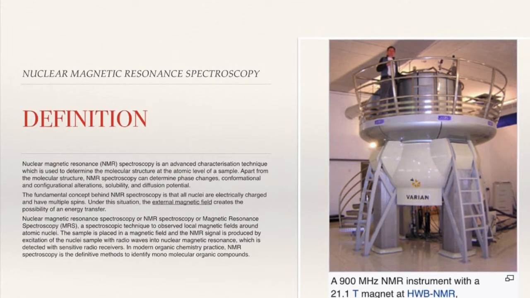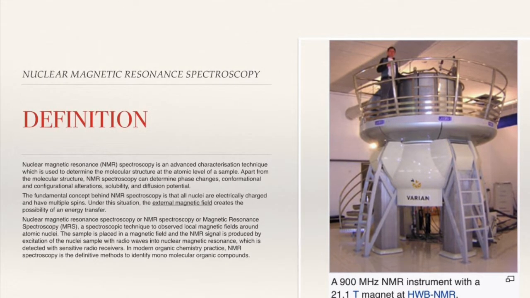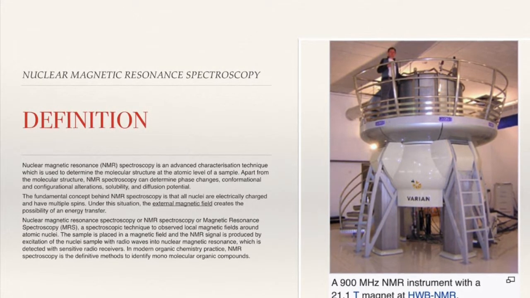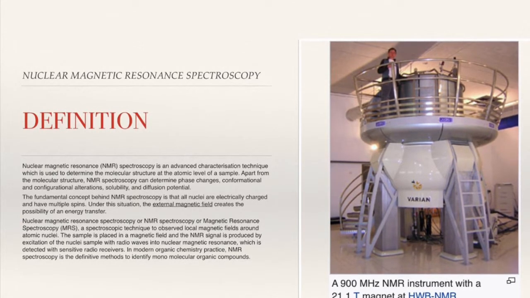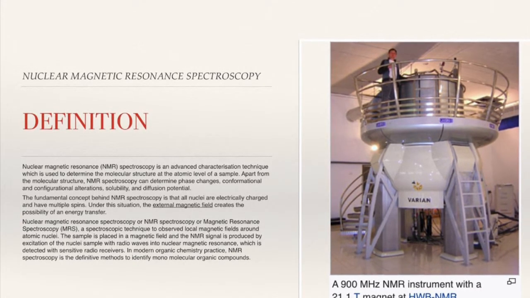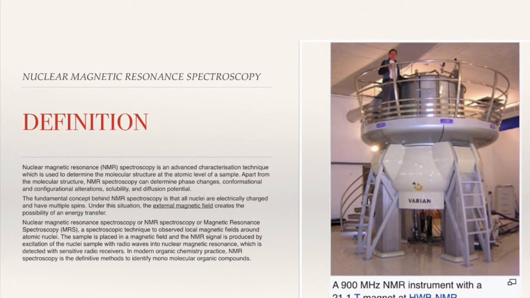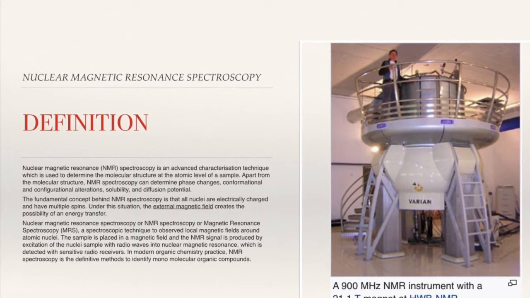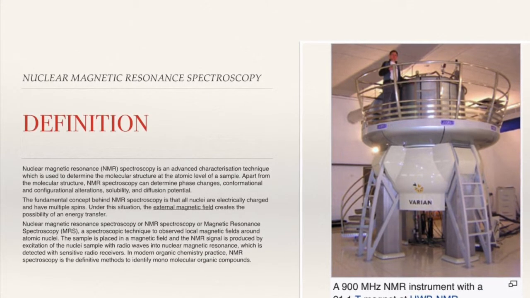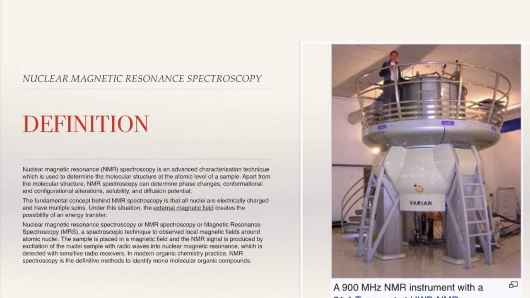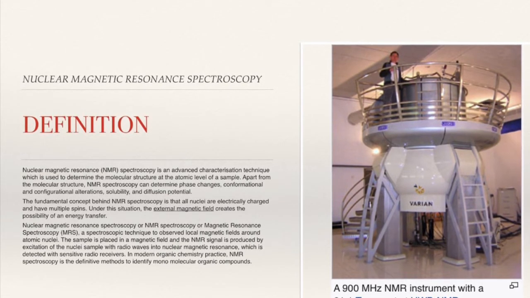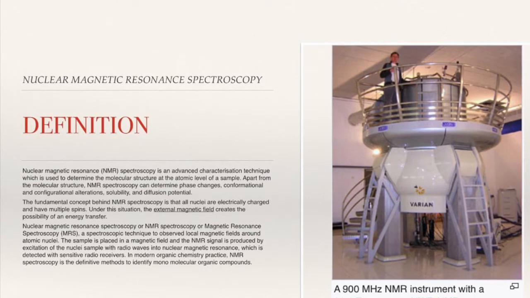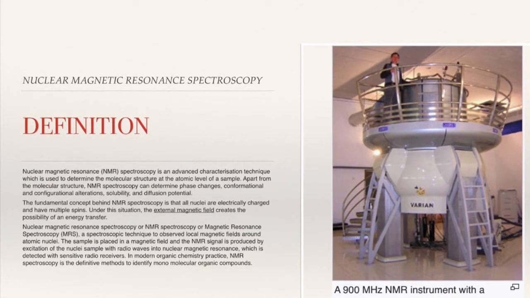In modern organic chemistry practice, NMR spectroscopy is the definitive method to identify monomolecular organic compounds. In the picture on the right side of the slide, we can see a 900 megahertz NMR instrument with a 21.1 tesla magnet at HWB NMR, Birmingham, UK.